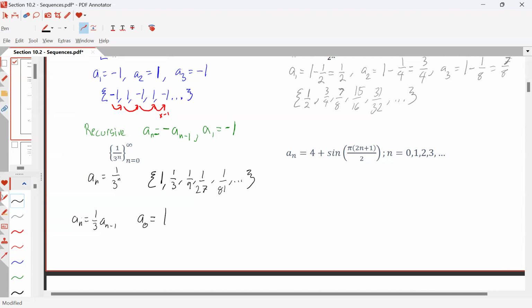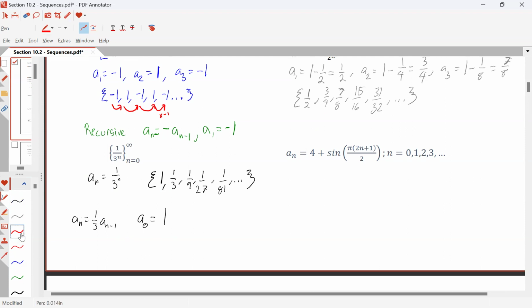Again, if we thought about this in those terms of, are these numbers getting closer and closer to a number? The numerator is always 1, but this denominator is getting really, really big pretty quickly. So these fractions are getting closer and closer to 0. So if we talked about a limit of this sequence, the limit would be 0.